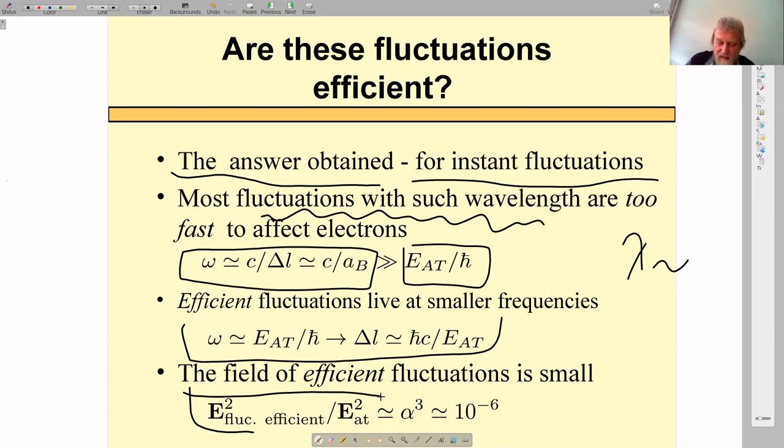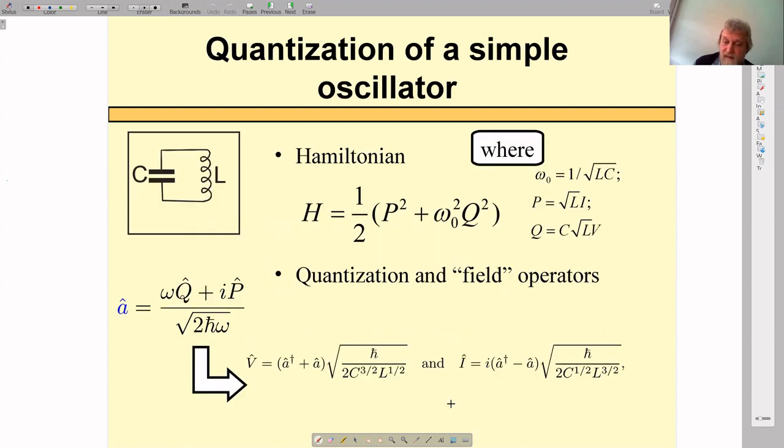And the estimation is that 0-point fluctuations, vacuum fluctuations, or 0-point motion, doesn't matter much, is 1,000,000 times less important than usual energies which particles experience at atomic scale. Good. That was the estimation of vacuum fluctuations for the electromagnetic field.